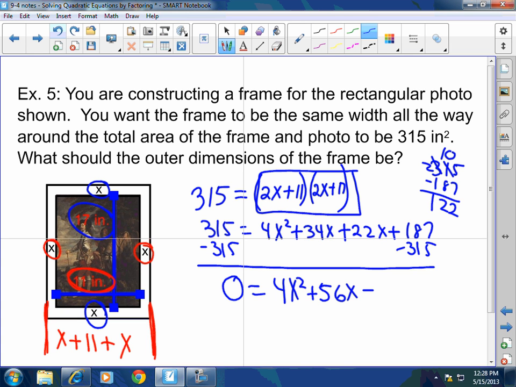I did something wrong there. 315 minus 187. Sorry about that. That's 128. Right? Next.